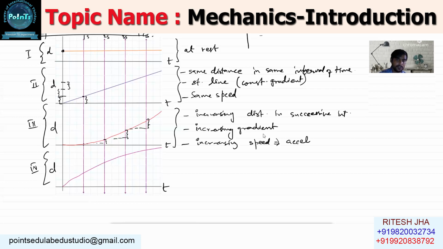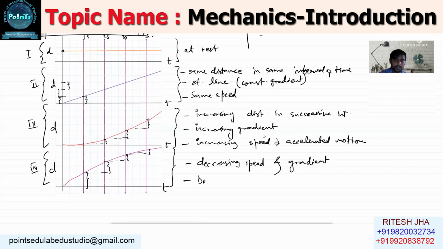Over here, in this particular case, it covered really good distance in the first second, but the distance is gradually decreasing, and the gradient is also decreasing. So here it has decreasing speed, which is decelerated motion, or deceleration.